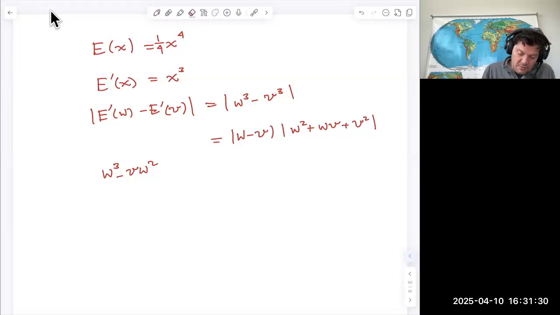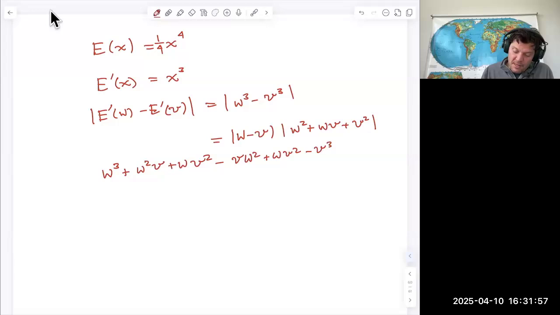Now let me do that a different way. I'll multiply through by W first. So plus W squared V plus W V squared. Then minus VW squared plus WV squared minus V cubed.